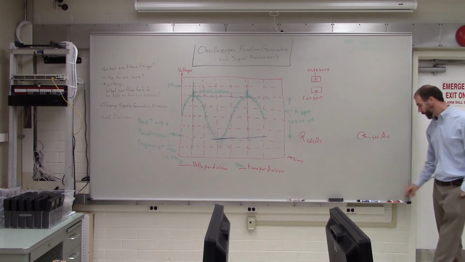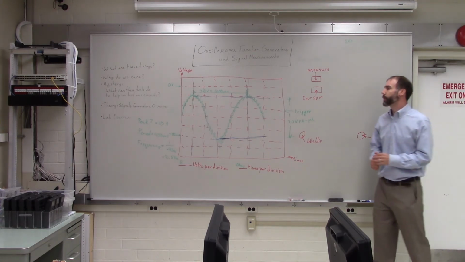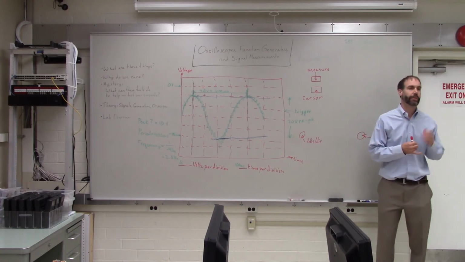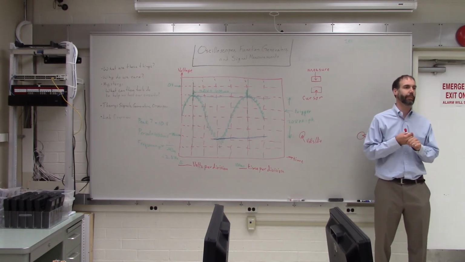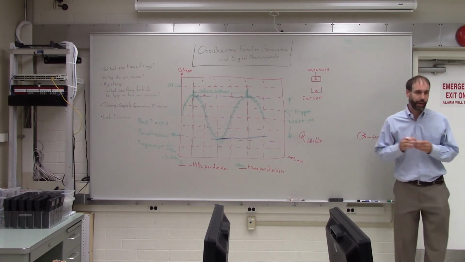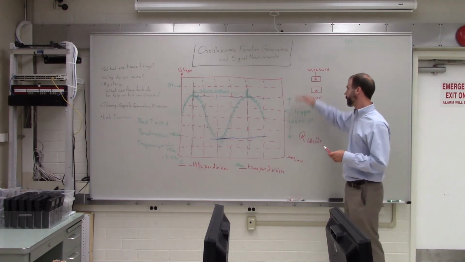And then there's one other feature that I wanted to point out about oscilloscopes, and that is called the coupling. So there's AC coupling and DC coupling, and you can change that. I think that is actually one of the menu buttons on the right-hand side of the screen.